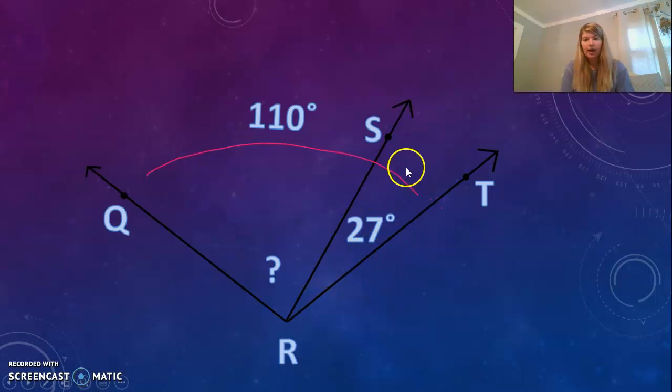Well, we know that SRT, the angle for it, is going to be 27 degrees. So how do we find the angle for QRS? Well, it's going to be the same thing that we did. So I'm going to go ahead and tell everyone to pause the video and to see if you can figure out the right answer.